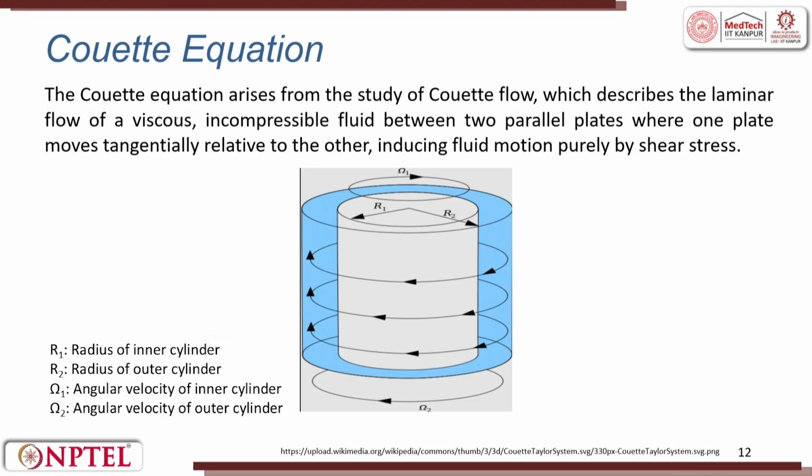The Couette equation arises from the study of Couette flow. So, what is the flow? It describes the laminar flow of a viscous incompressible fluid between two parallel plates, where one plate moves tangentially relative to the other and induces fluid motion purely by shear stress.